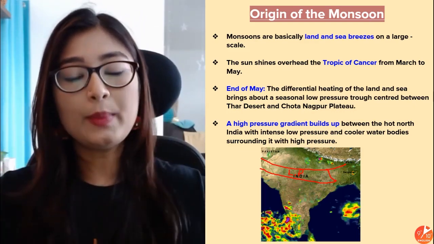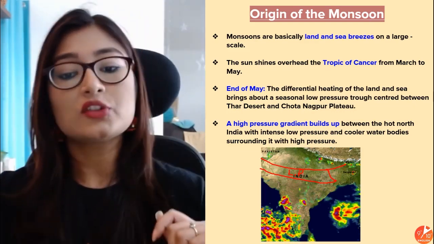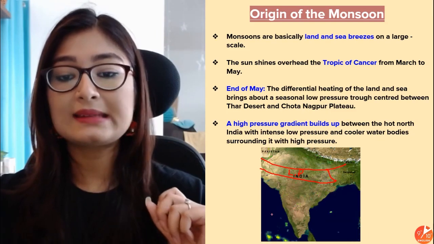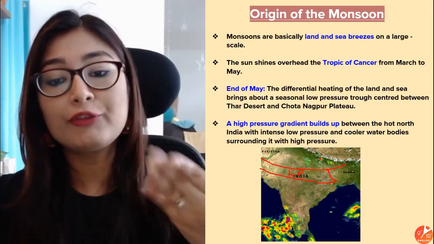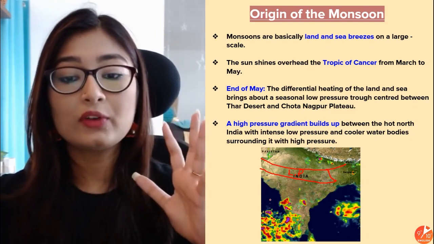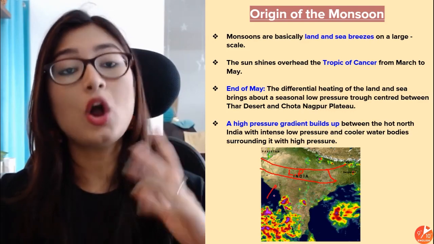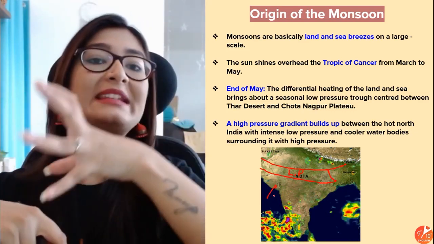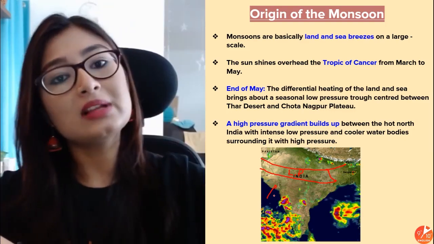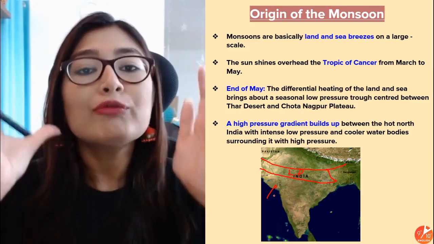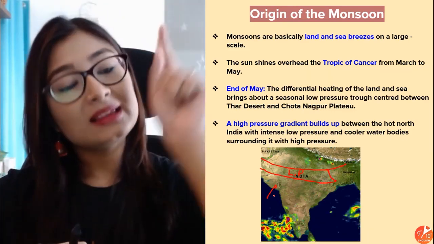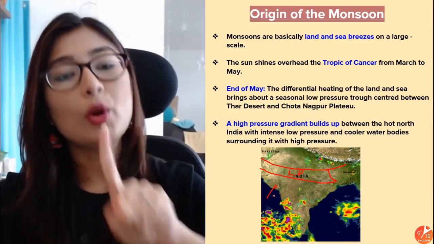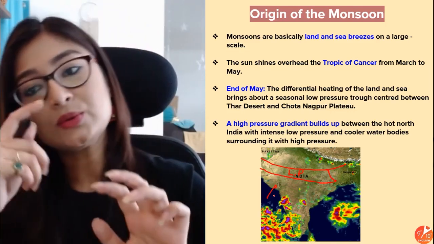Now this entire belt has very low pressure, so naturally winds will come from the comparatively high pressure side to fill in. The winds blowing from this side are naturally blowing from the sea, because the sea is comparatively cooler than the land. When they blow from the sea, they carry a lot of moisture with them, and because of this moisture, they cause the monsoon to happen.